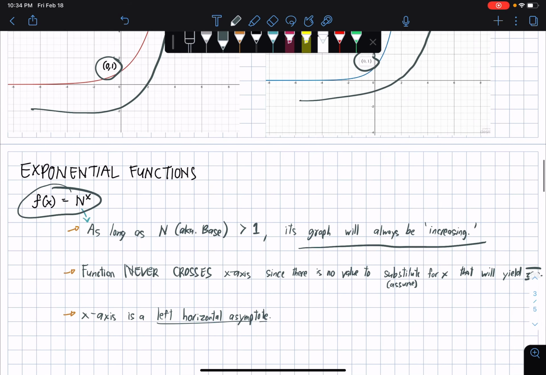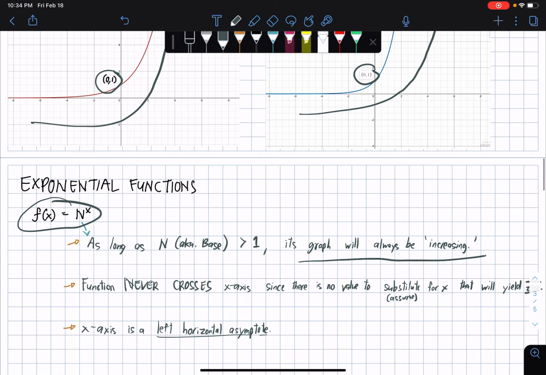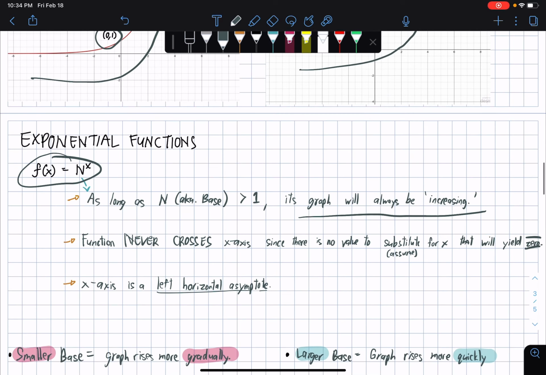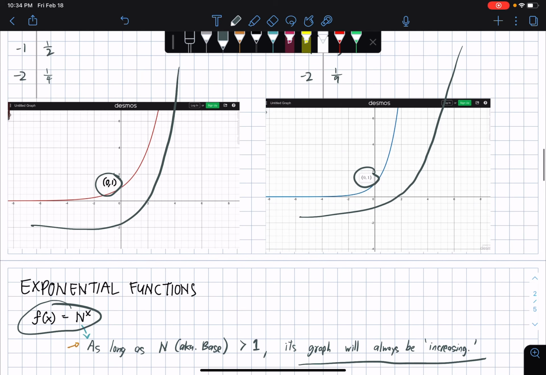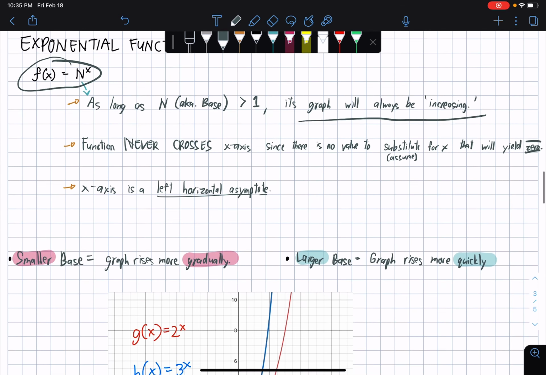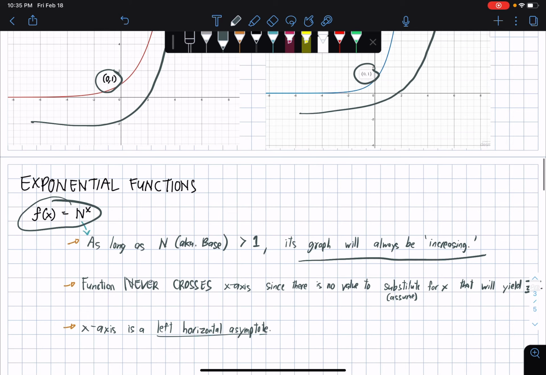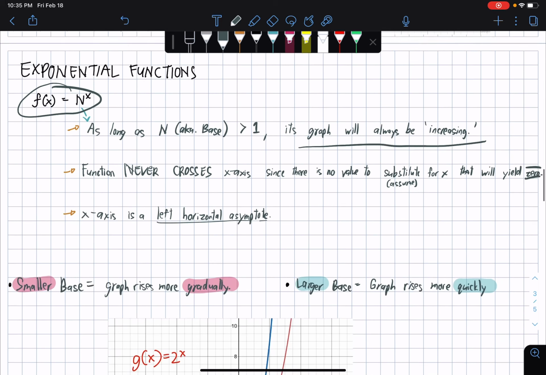The function never crosses the x-axis since there is no value to substitute for x that will yield an answer of 0. As you can see, these graphs never cross the x-axis. And the x-axis is a left horizontal asymptote.